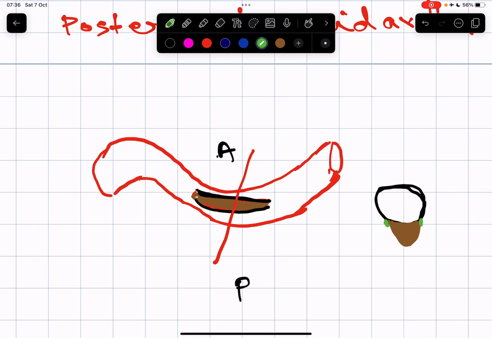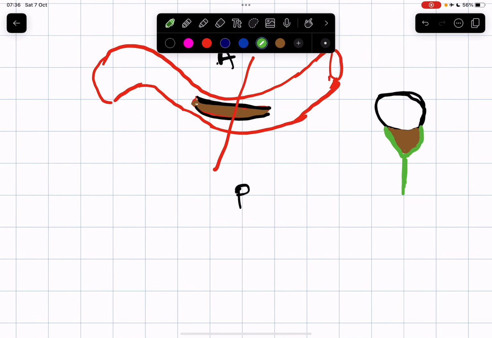So we have the anterior layer of the clavipectoral fascia and the posterior layer of the clavipectoral fascia. This clavipectoral fascia continues down between the clavicle and here I can see the section of the pectoralis minor muscle.